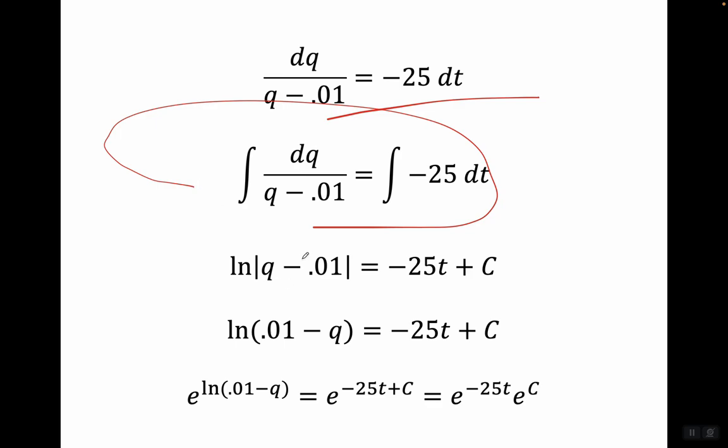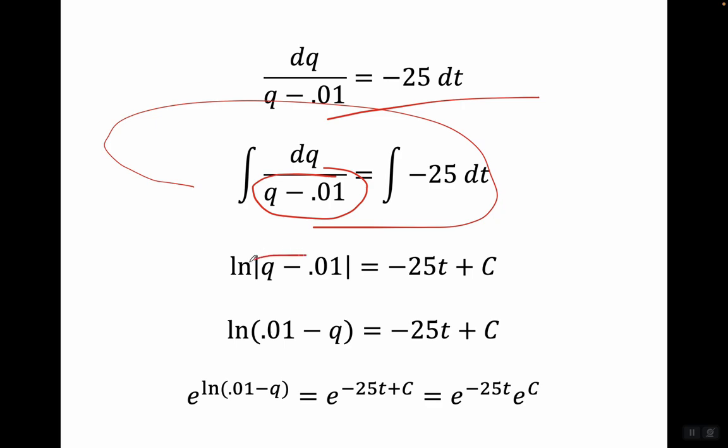The antiderivative of the left side is just going to be the natural log of the absolute value of Q minus 0.01. That equals negative 25t plus C. Now again, remember Q starts off as 0, so Q minus 0.01 is going to be negative.